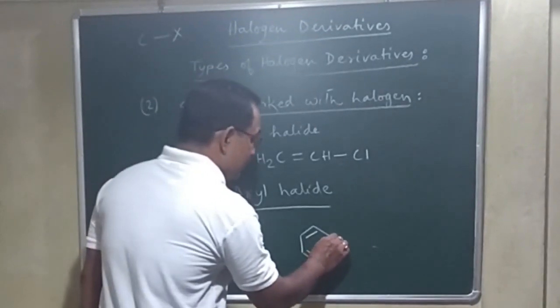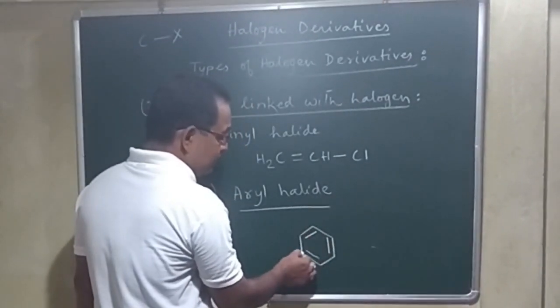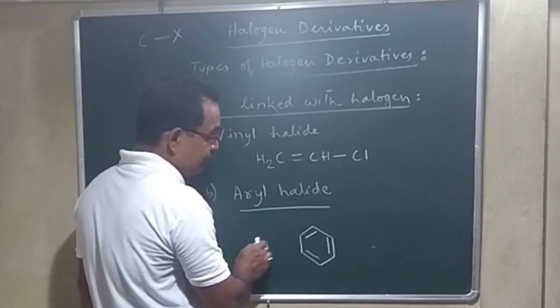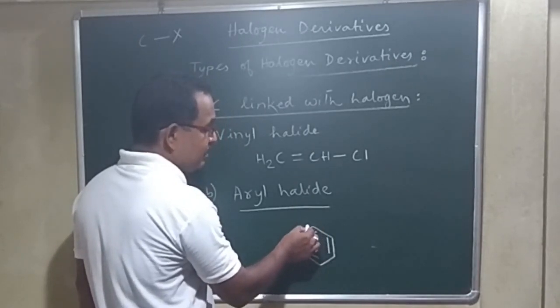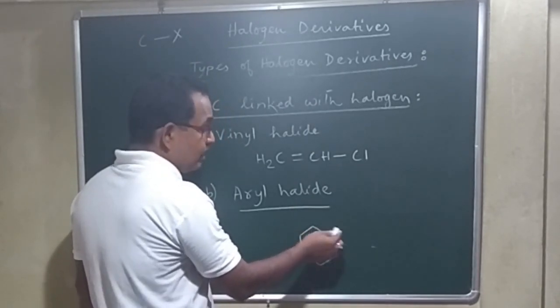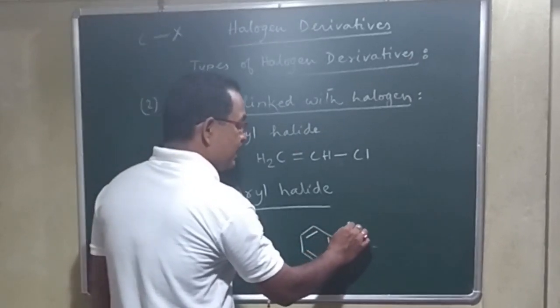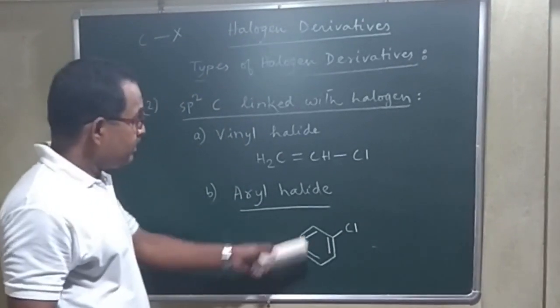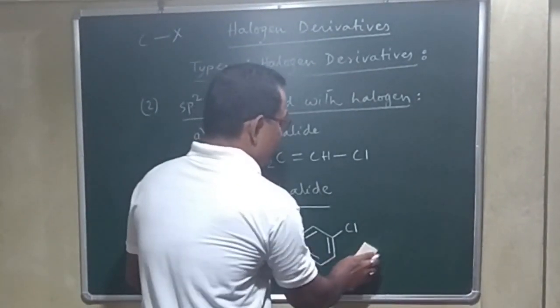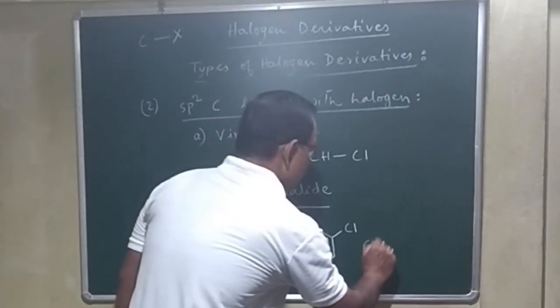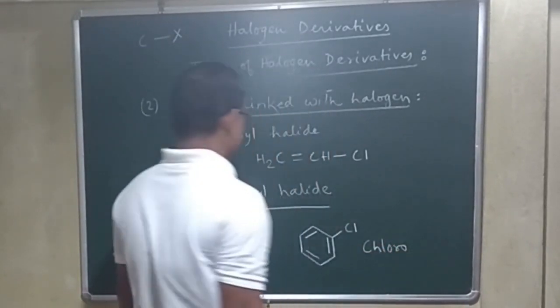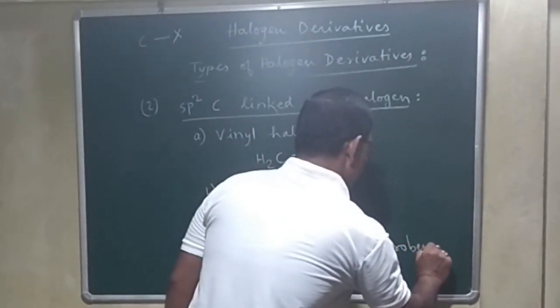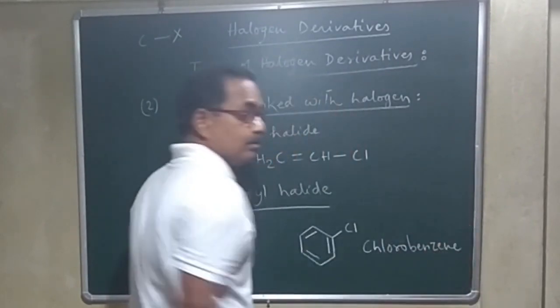Now, if we see, all these carbons have one hydrogen each. So each carbon has 3 sigma bonds and 1 pi bond. Now, if that hydrogen is replaced by a halogen, this will be an aryl halide. This particular compound is called chlorobenzene.